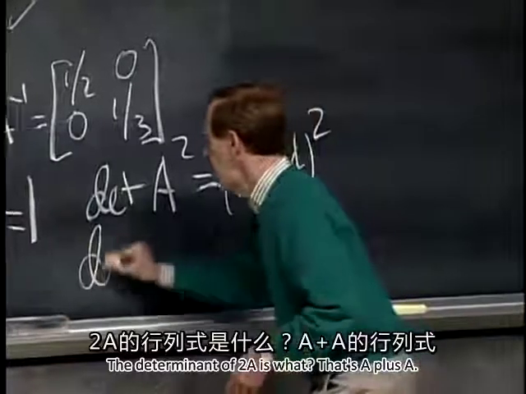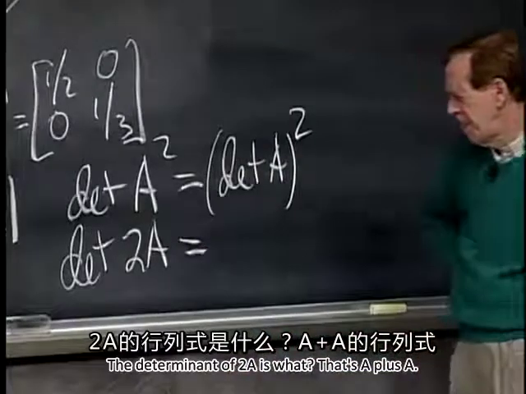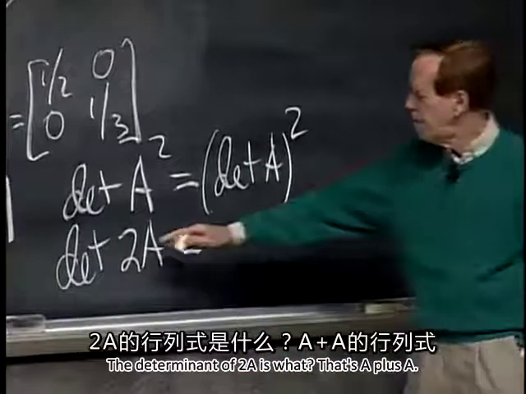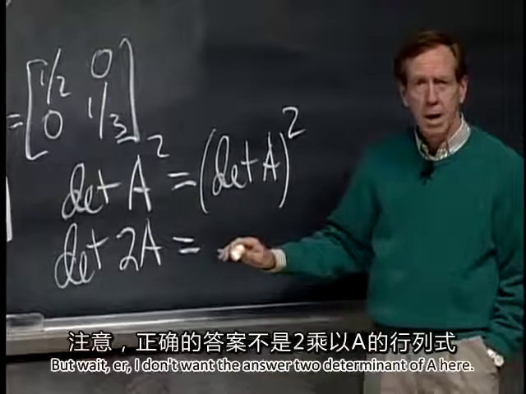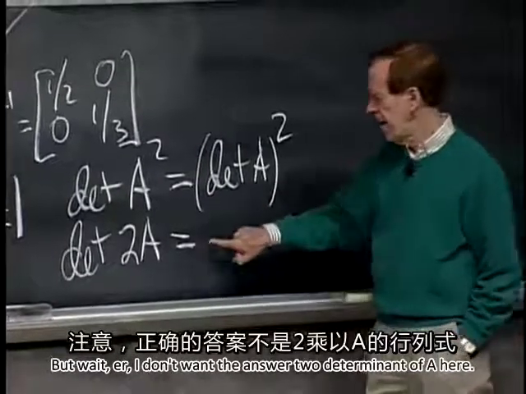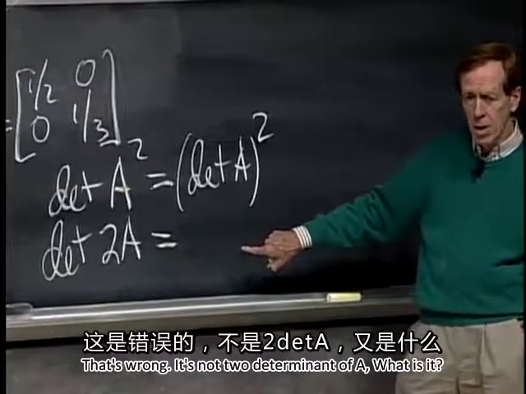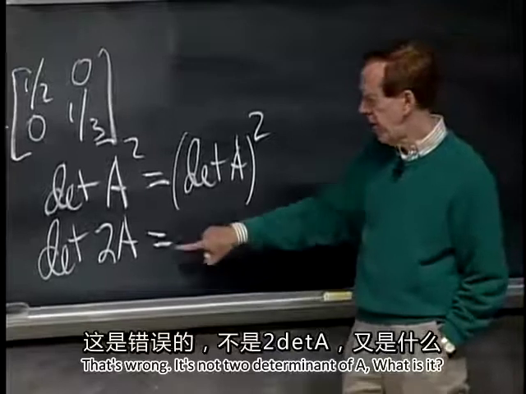The determinant of 2A is what? That's A plus A. But wait, I don't want the answer 2 determinant of A here. That's wrong. It's not 2 determinant of A. What is it?